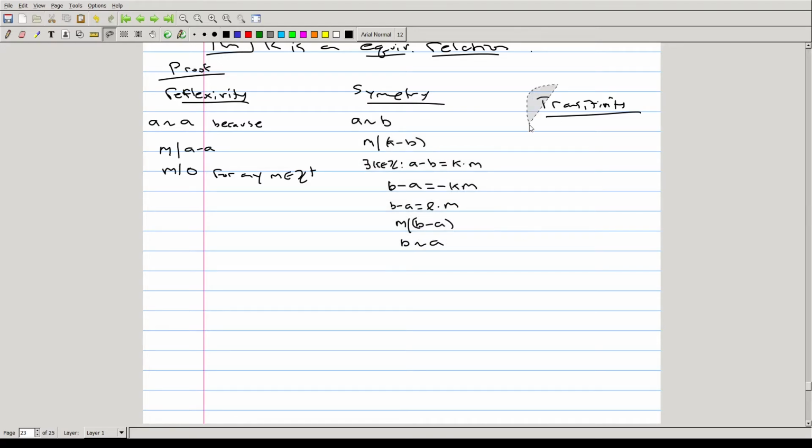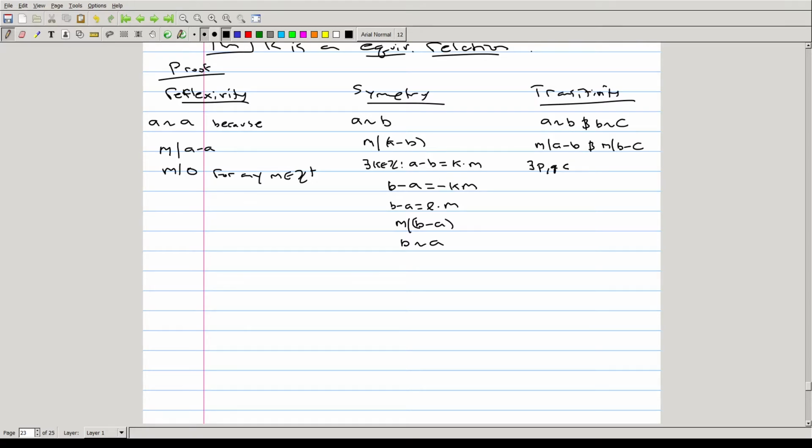And lastly, for transitivity, the congruence relation is going to be making sure that A is related to B and B is related to C. If this is true, that means that M divides A minus B and M divides B minus C, which means that there exist P and Q, I'll say P and Q just to not confuse it with these values here.